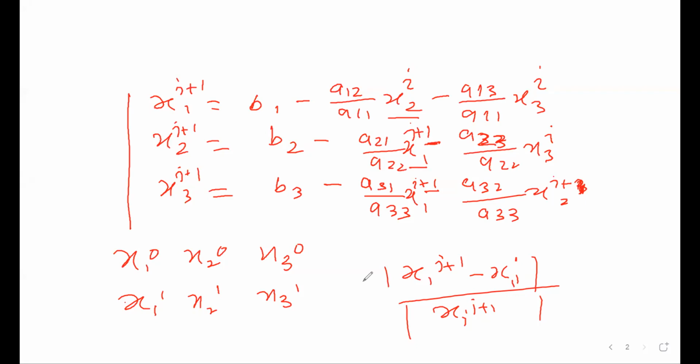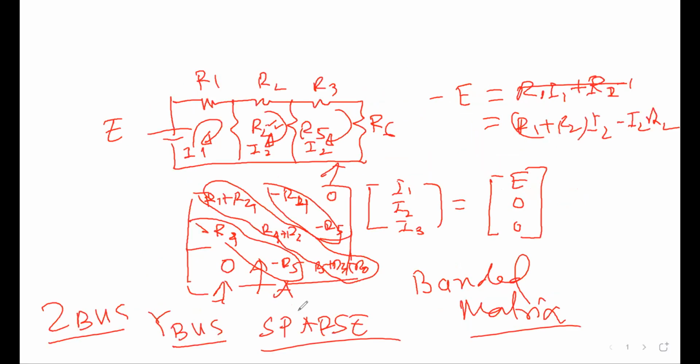If we put our equations into matrix form, and the magnitude of the diagonal element is higher than the off-diagonal elements, then that system is called diagonally dominant. If we have a diagonally dominant system, and you see the resistive network that we discussed earlier, is it diagonally dominant?